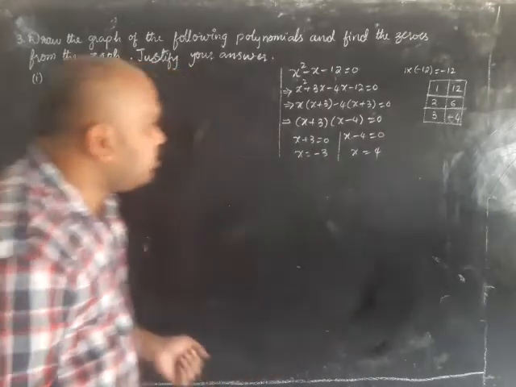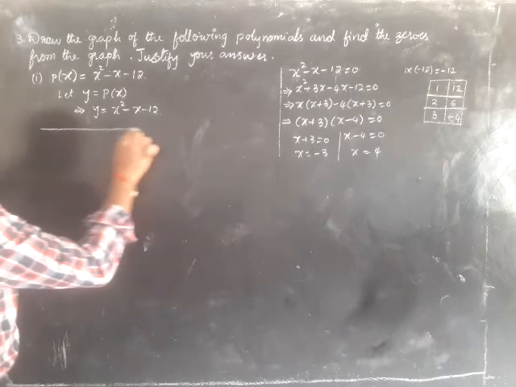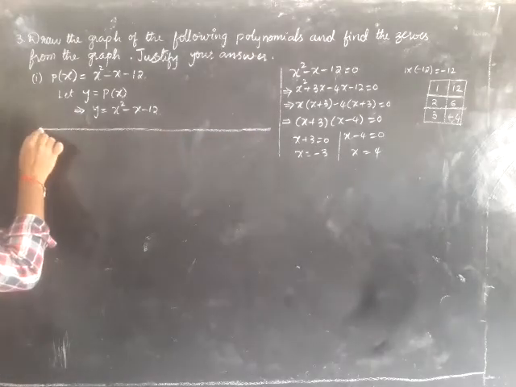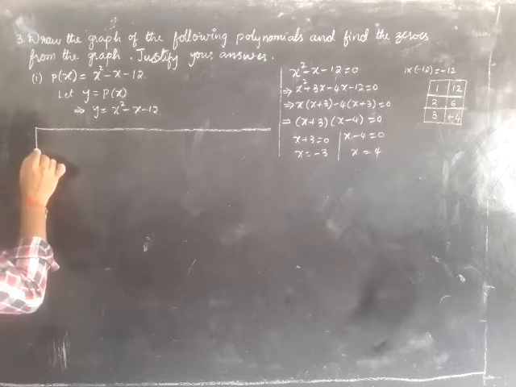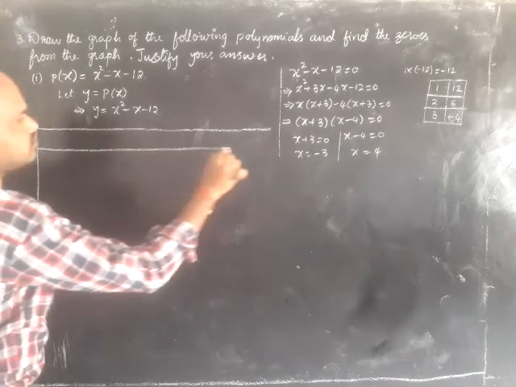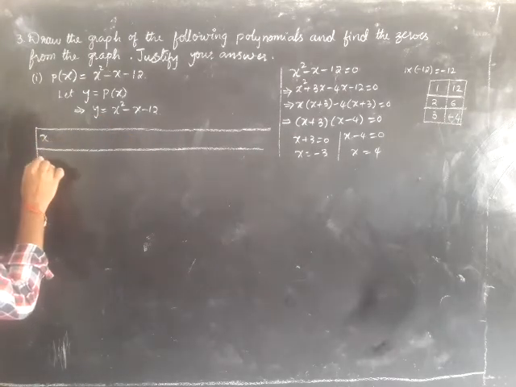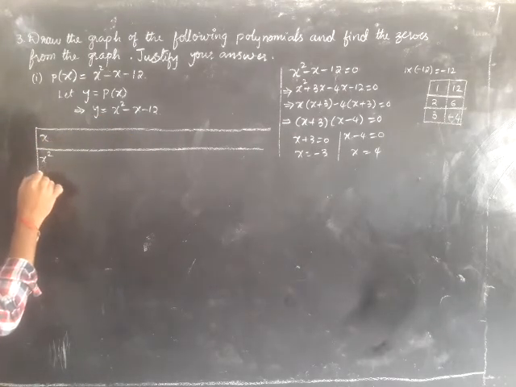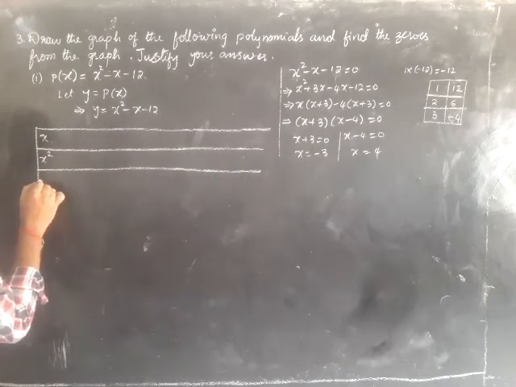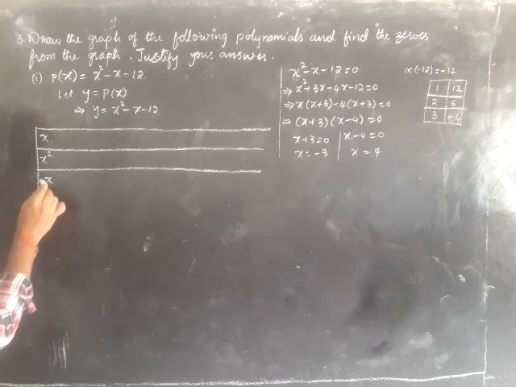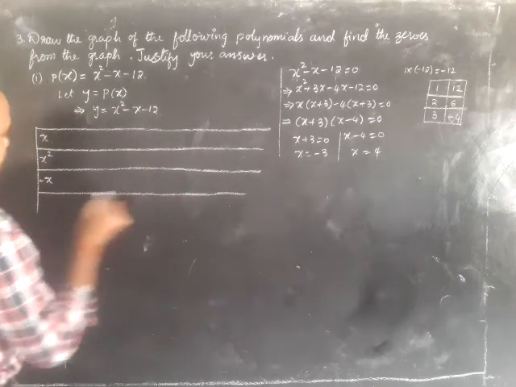Now our table must contain x, x square, minus x, minus 12.